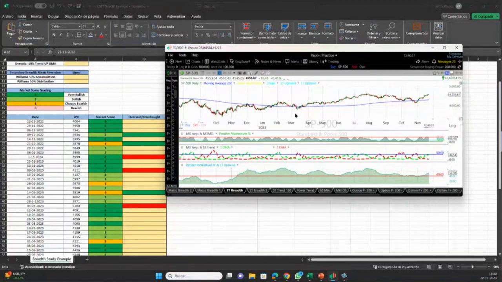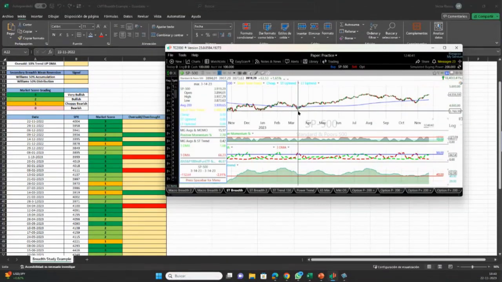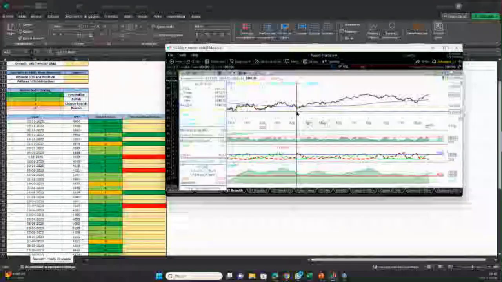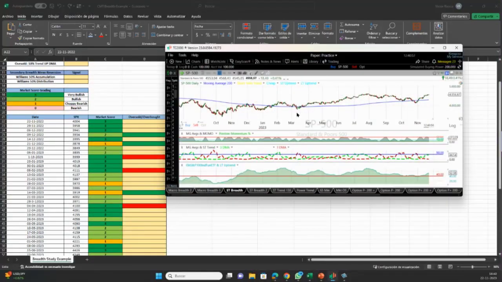And here in early March, 14/03, we got another oversold signal, with the distribution in the Williams reaching over 50%, and less than 10% of stocks had an uptrending 5-day moving average, but the main trend remained positive.